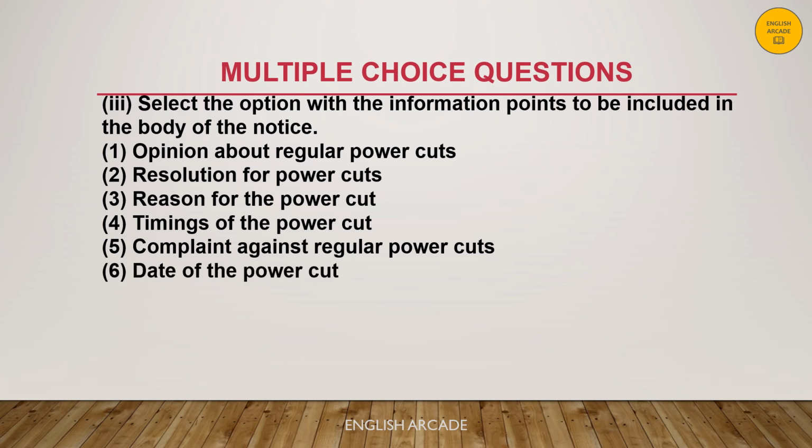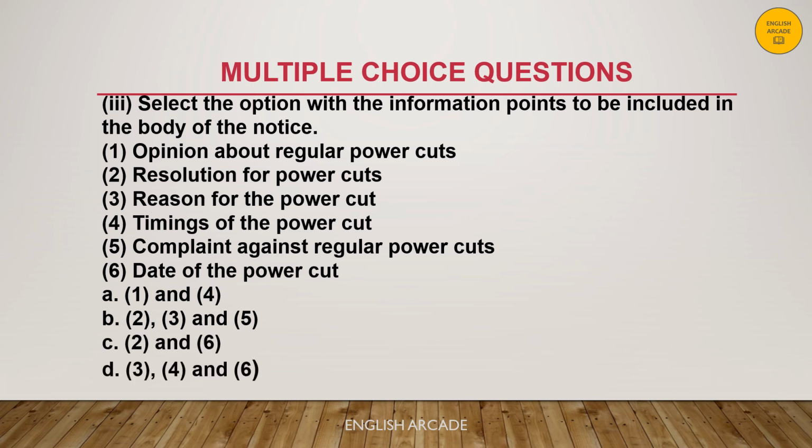Date of the power cut. And your options are 1 and 4, 2, 3 and 5, 2 and 6, or 3, 4 and 6. Please read the options carefully. The correct answer is 3, 4 and 6. So we need to give the reason for the power cut, specify the timings and the date. The rest of the other options given here need not be a part of the body of the notice.